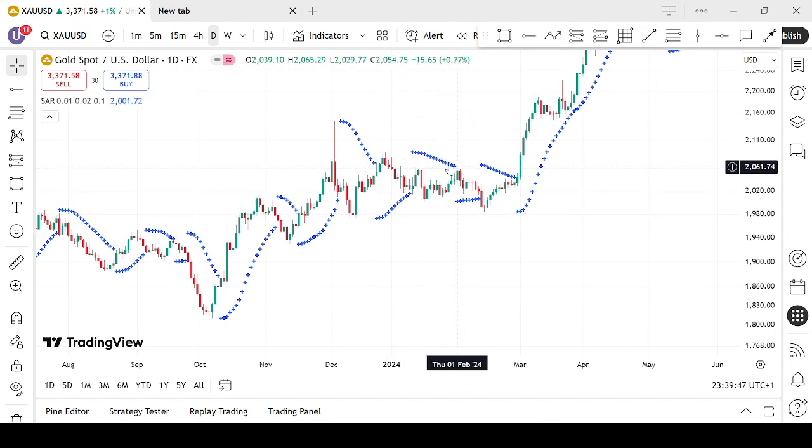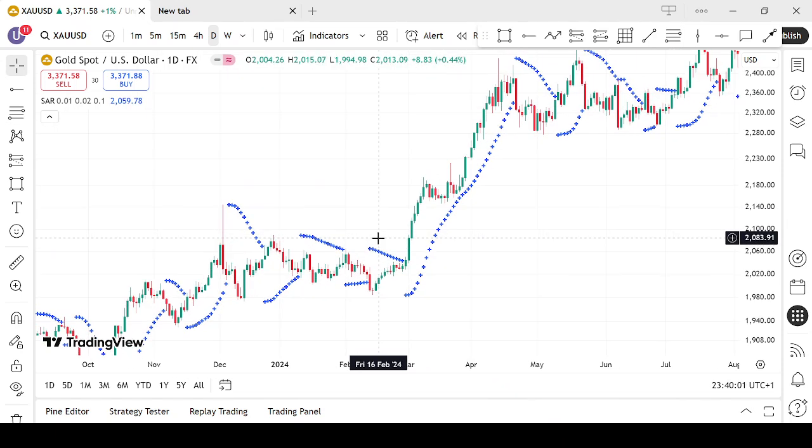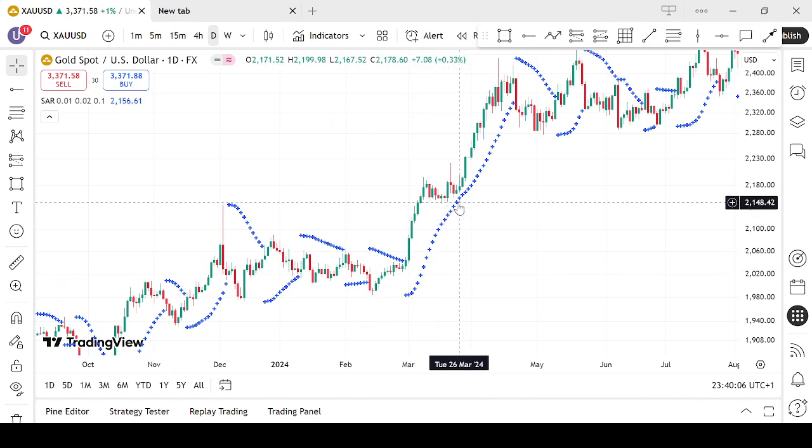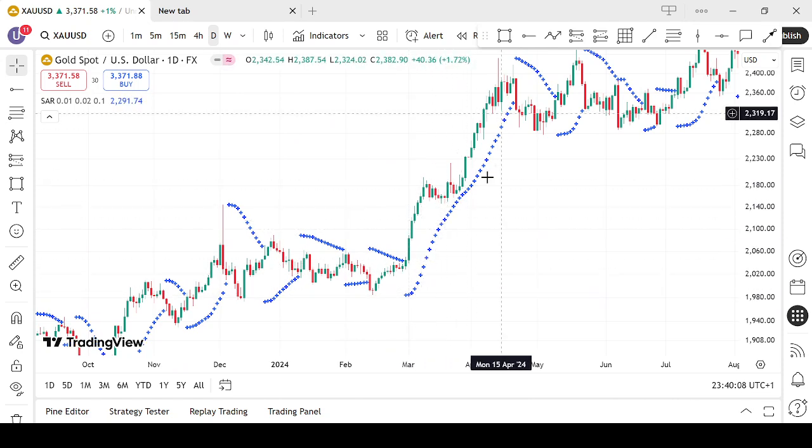As you can see at this area in the market, when the Parabolic SAR converged, it was squeezing, it contracted, and you can see that it indicates that a reversal might occur around this area. This is basically what it means. Then when you see the Parabolic SAR indicator giving space, it expands like this, it means that we are in a strong trend. This is basically what it means.